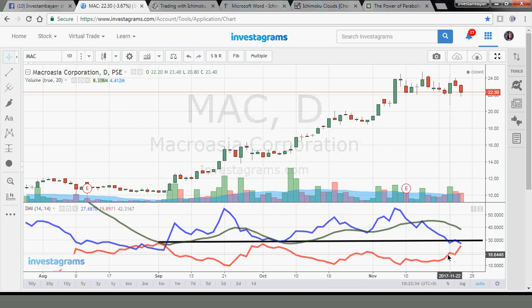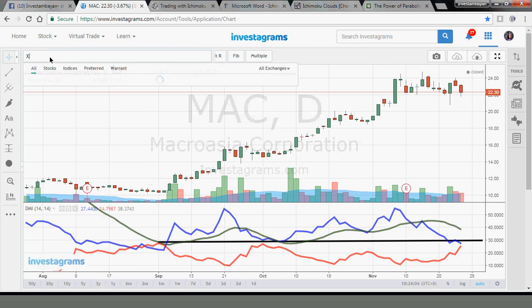That is an indication or confirmation na may strong uptrend. Lalo na pag pataas na ng pataas, pointing upward pa to, meaning that is a very strong uptrend. Again, confirmation of bullish using DMI: when ADX, itong green, nasa taas na above 30, then positive DI is above negative DI, that is uptrend.